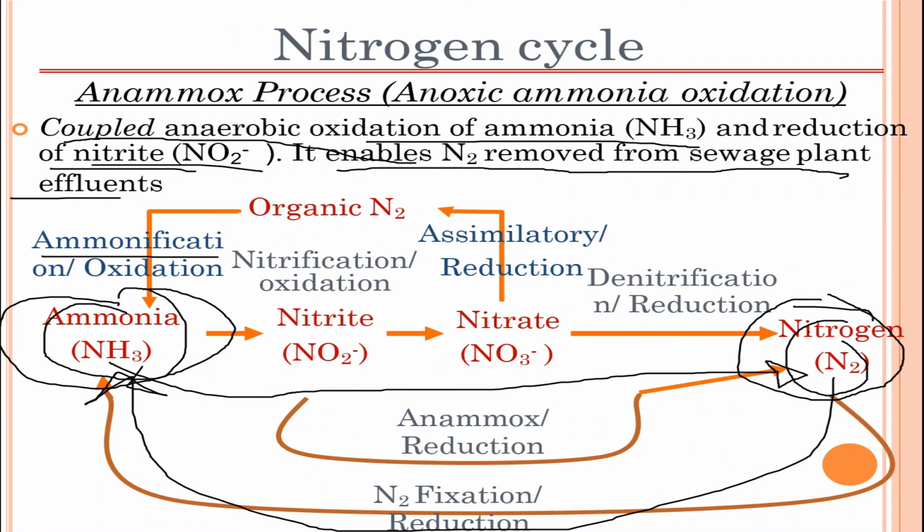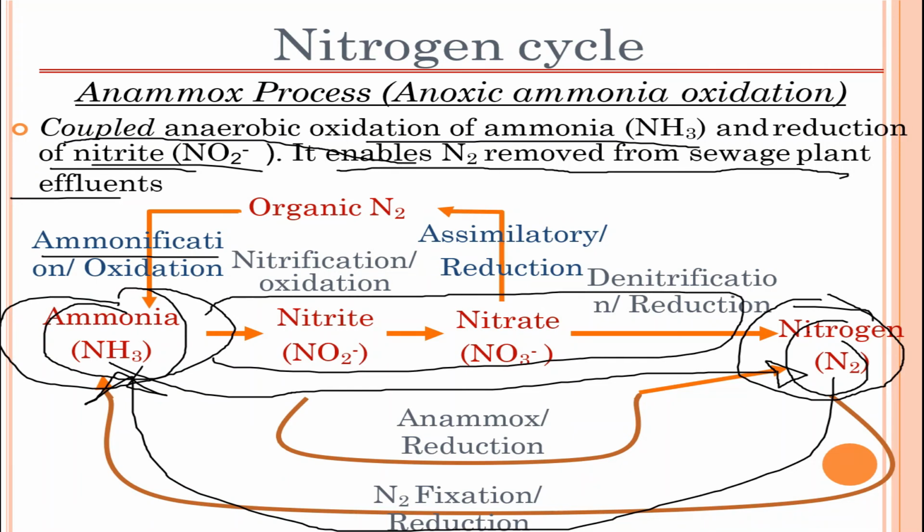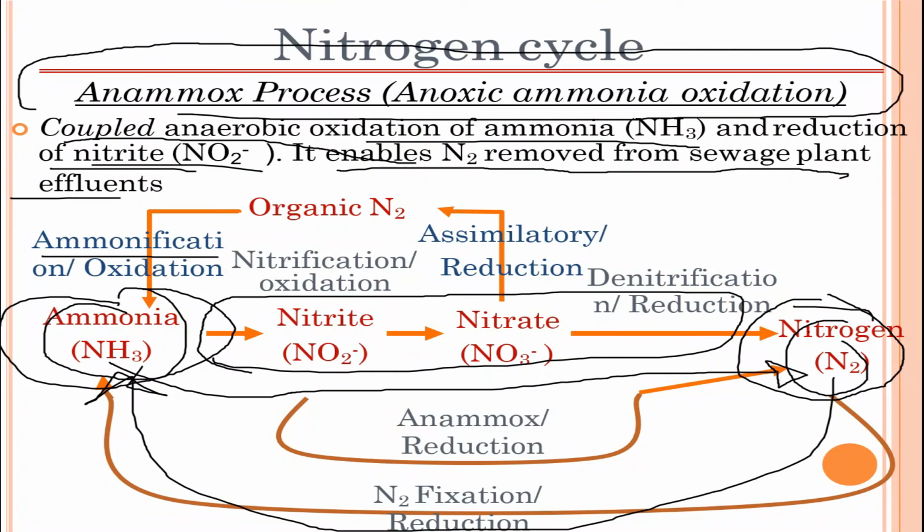Alright, so this is a two-step process that occurs simultaneously in the absence of oxygen. So this is the anammox process in the absence of air, which enables the conversion to and fro from ammonia to nitrogen and nitrogen to ammonia.